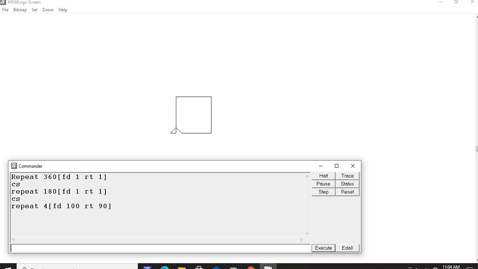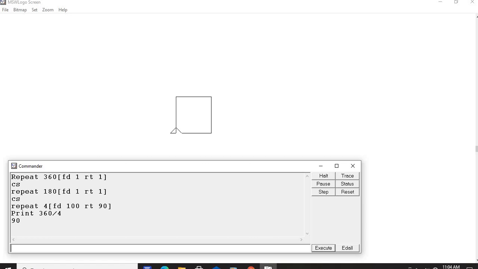In case of a square, there are only 4 sides. So, if we divide 360 by 4, if I say print 360 / 4, what I am getting is 90. So, that is why with RT we are using the angle as 90.